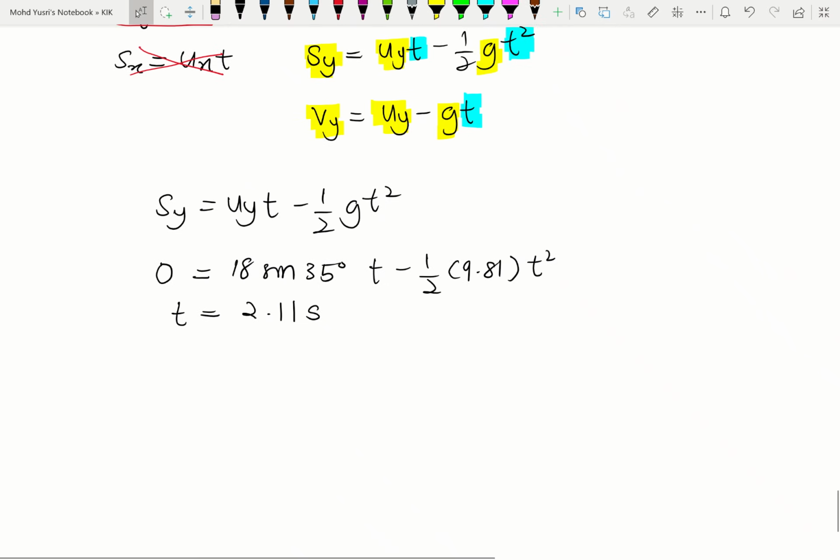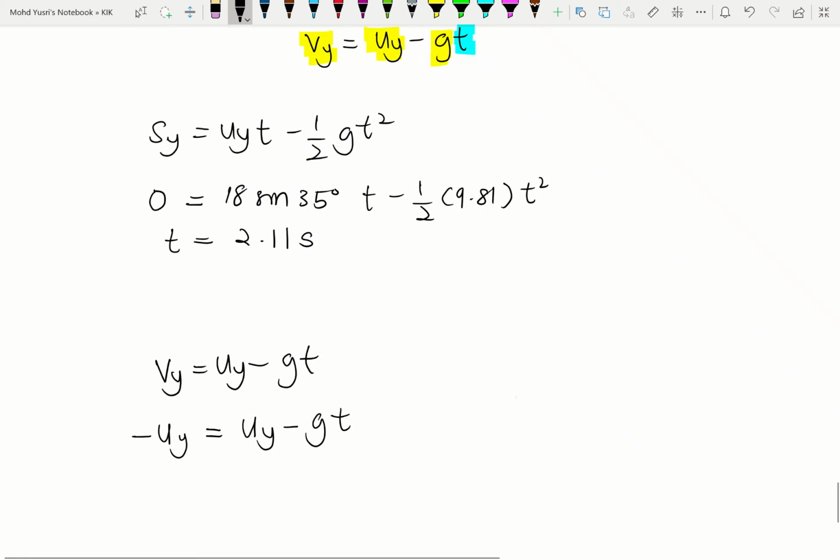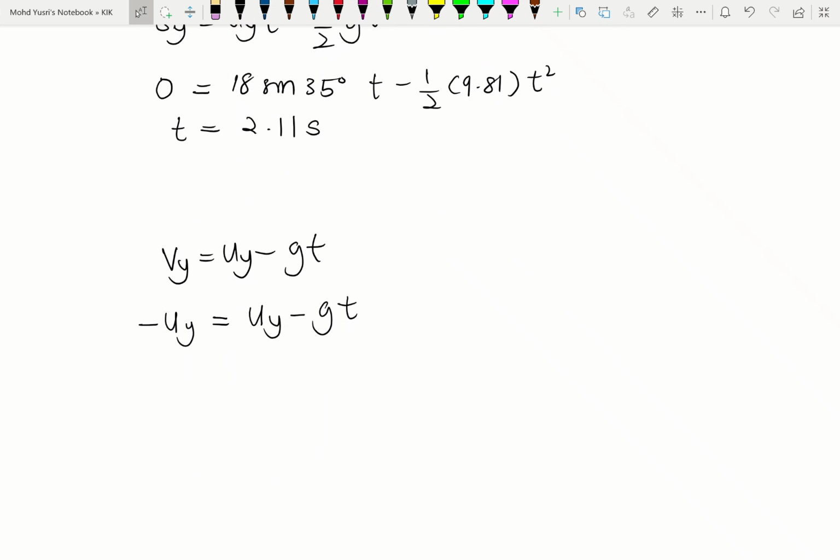Another equation is vy equals uy minus g t. We know that the relationship between vy and uy is vy equals negative uy. That is, negative uy equals uy minus g t. We can simplify this equation. We have negative 2 uy equals negative g t.